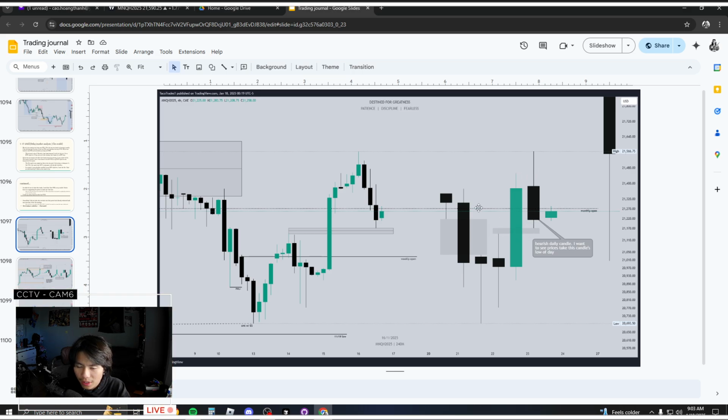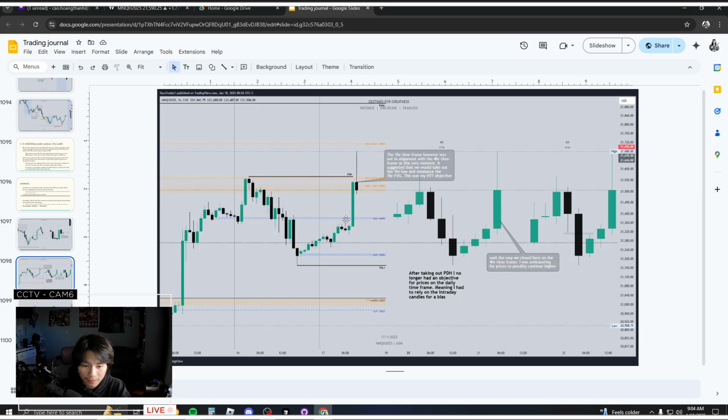Notice how, like I said before, the way that we created this fair value gap, the third candle's closing price is below the second candle's high, and this is a BISI, buy side imbalance, sell side inefficiency. The way that we created this BISI is suggesting to me that we're most likely going to rebalance this inefficiency. So I had in mind that we're most likely going to rebalance this inefficiency.